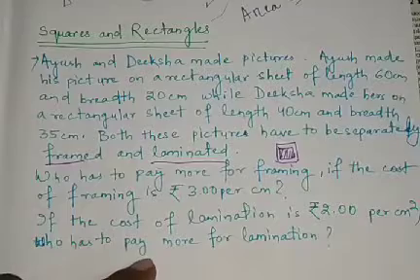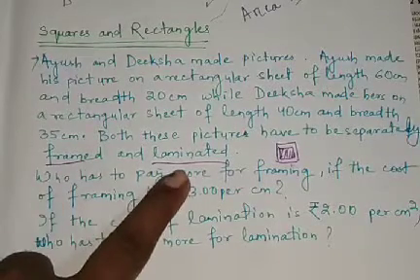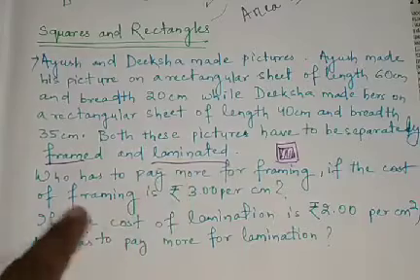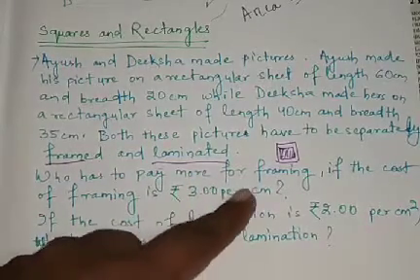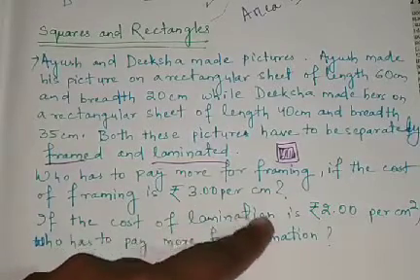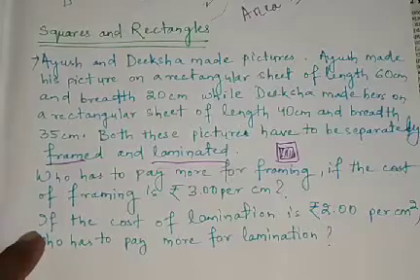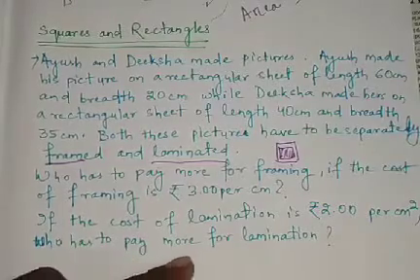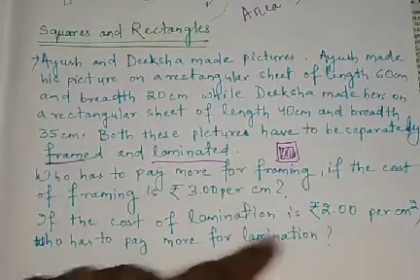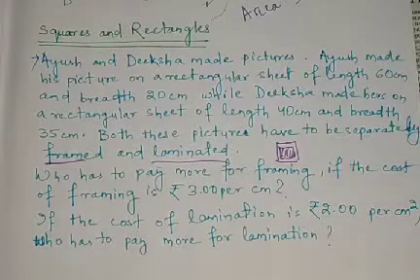Who has to pay more for framing if the cost of framing is rupees 3 per centimeter? If the cost of lamination is rupees 2 per centimeter square, who has to pay more for lamination?